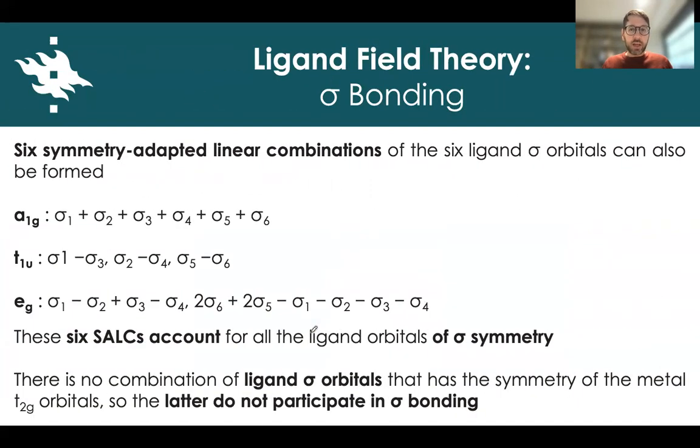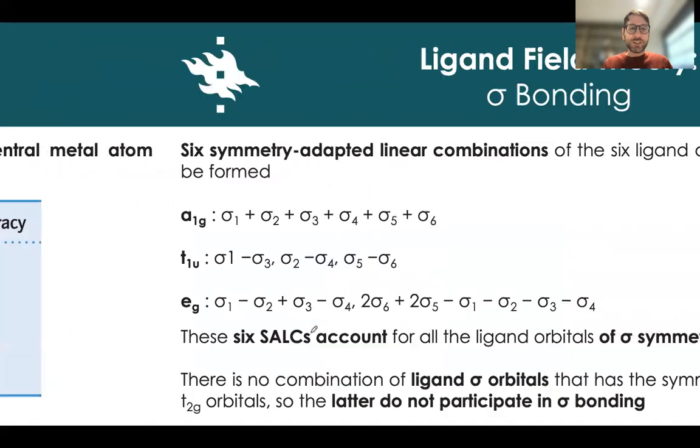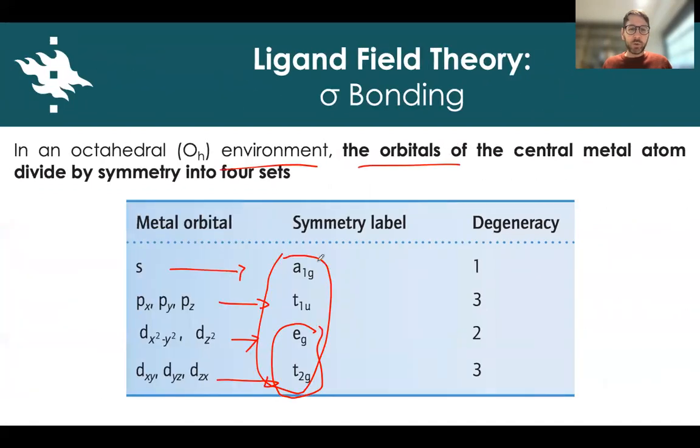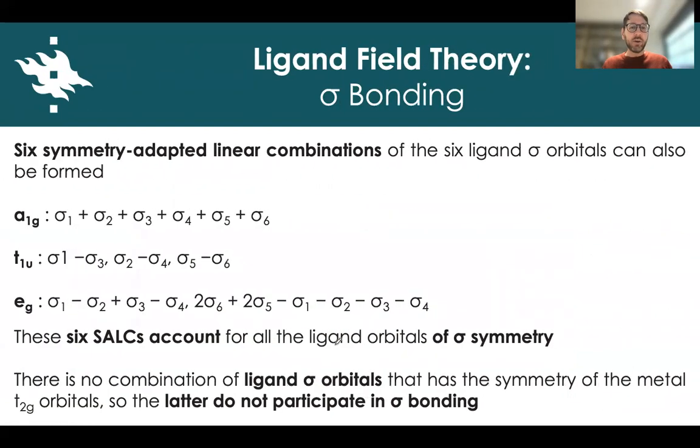So in this case, we have the orbitals with these symmetries for the metal, and for the ligands, we can generate symmetry adapted linear combinations of the 6 ligand sigma orbitals to match the symmetry of these orbitals of the central atom.